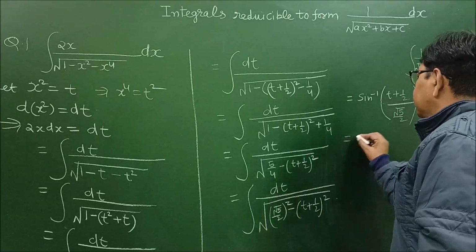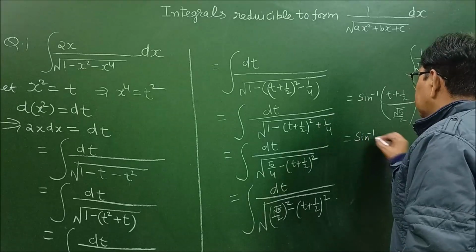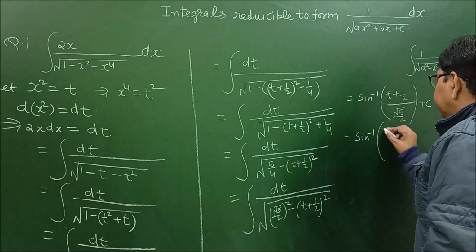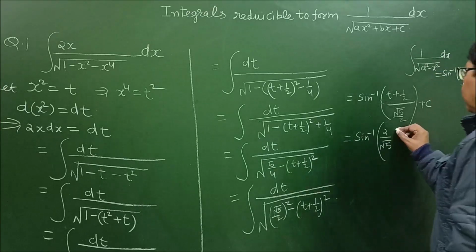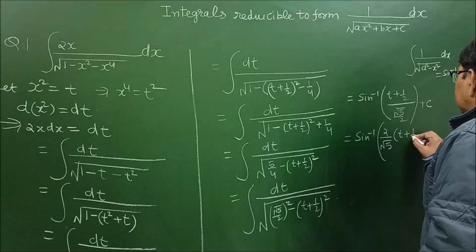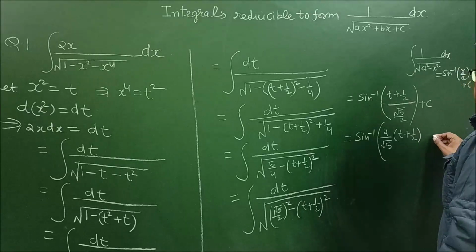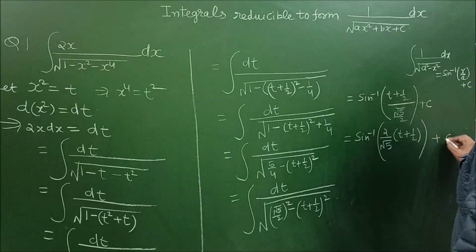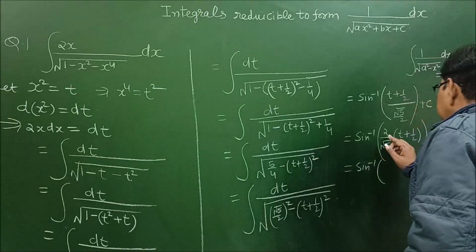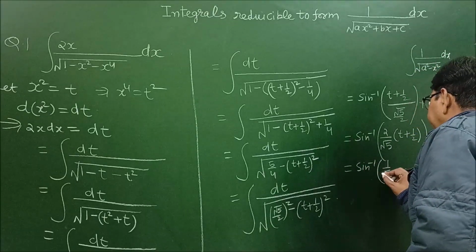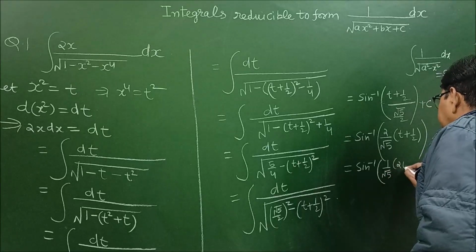This is equal to sine inverse of 2 upon root 5 into (t plus 1 upon 2) plus c, or sine inverse of 1 upon root 5 into (2t plus 1).